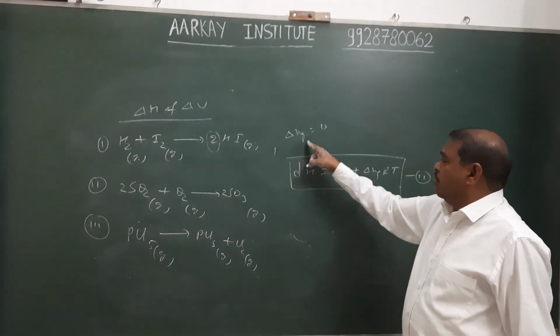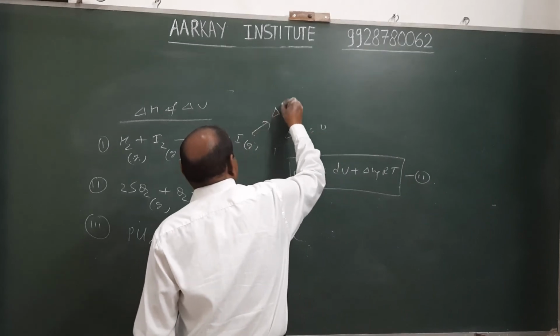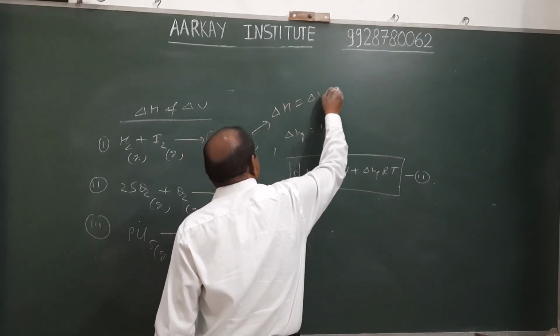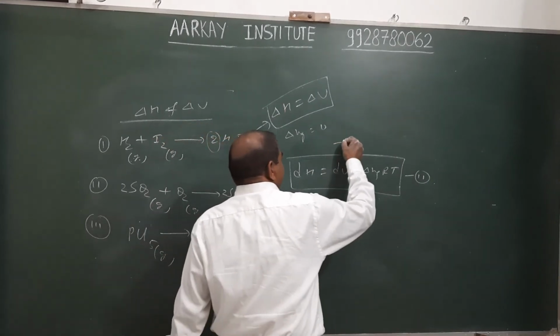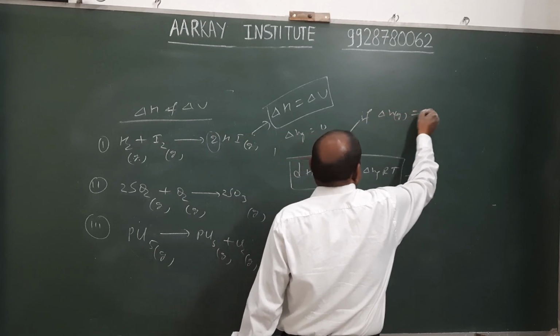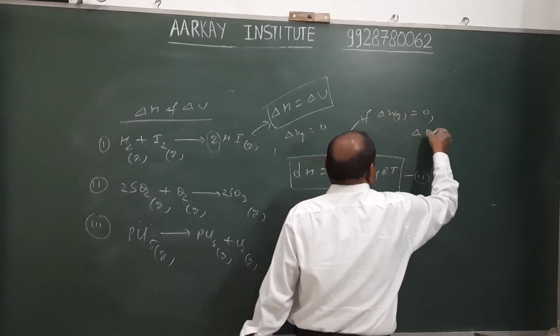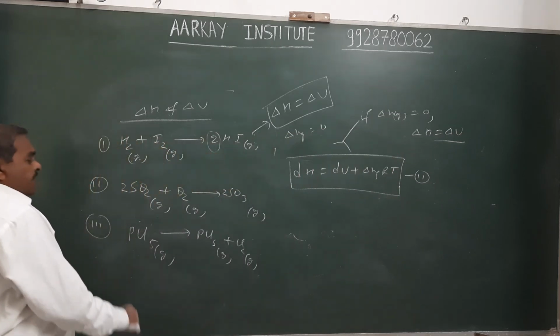Therefore, change in moles of gaseous species is 0. Therefore, in equation first, change in enthalpy equals change in internal energy. Hence we can say if delta Ng of reaction is 0, then delta H equals delta U.